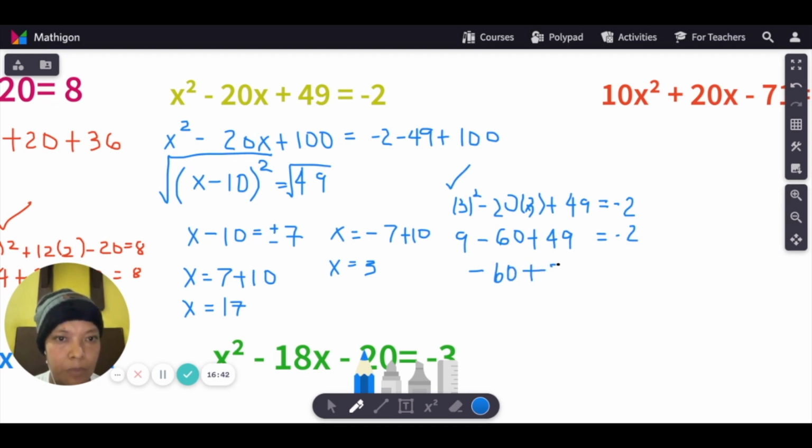Right? Tama po ba? 49 plus 9 is 58. Equals negative 2. So, papracticein nyo po ito para po madali po sa inyo. So, okay, so we are correct. Okay, that is how you check it.